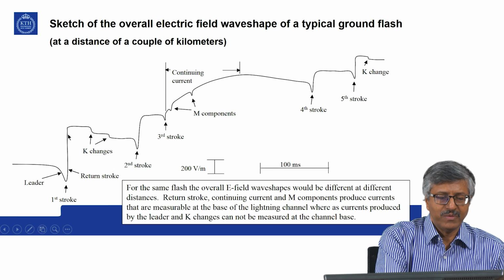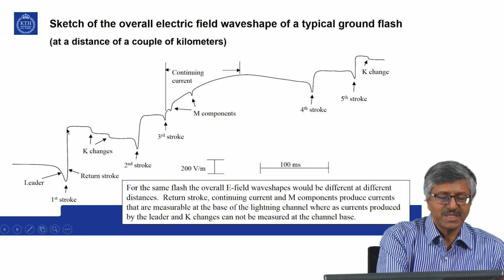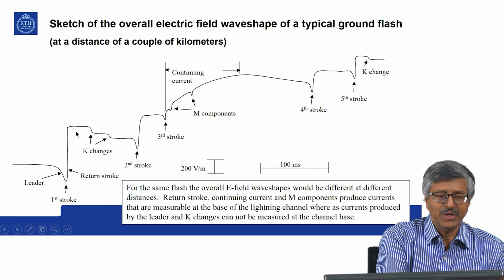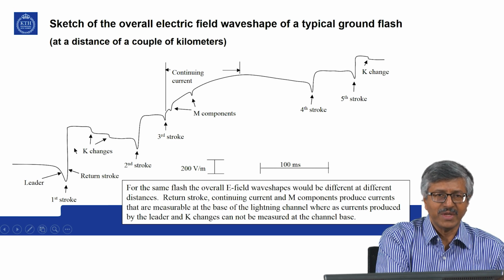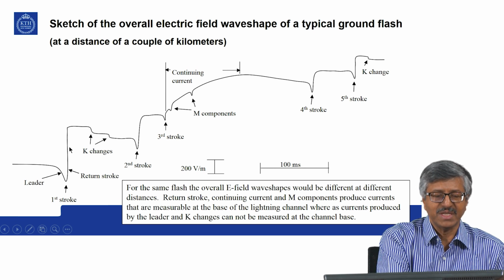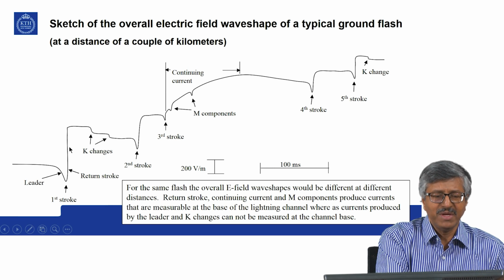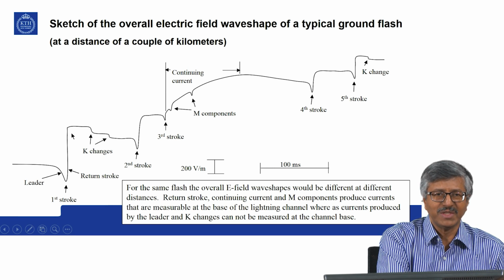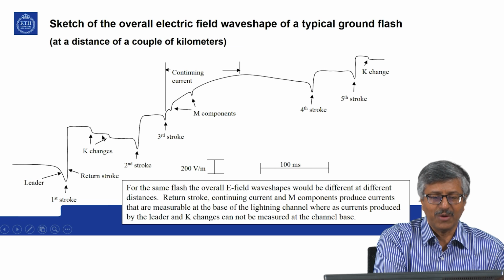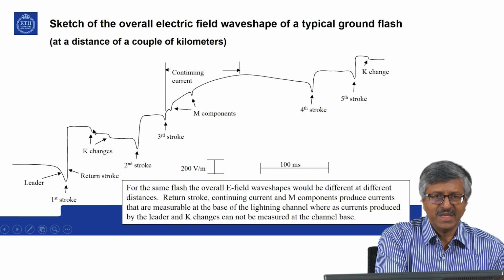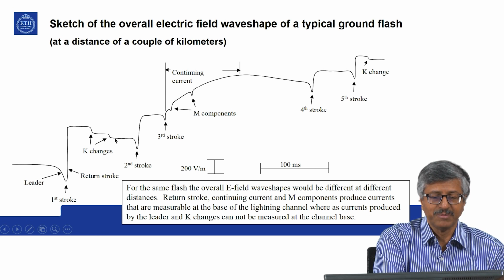The return stroke reaches the cloud, then travels horizontally neutralizing several charges, and the channel to the ground becomes kind of extinguished, in the sense that there may still be a plasma channel, but you will not be able to see it. It is not bright anymore. So it is a dark period, and during that time there will be rearrangement of charges in the cloud that will manifest in the electric field as step like changes, and they are called K changes.